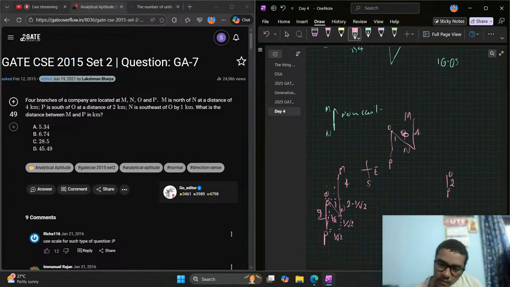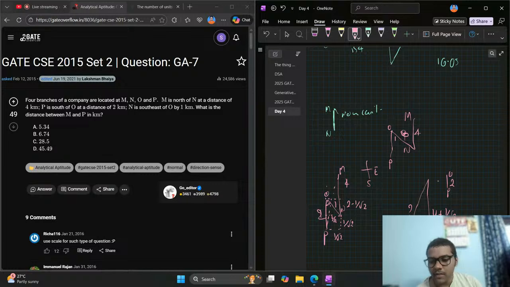And what do we need? Oh wait, this is a triangle with this length being 1 by root 2. And what is this length? 4 plus 1 by root 2.